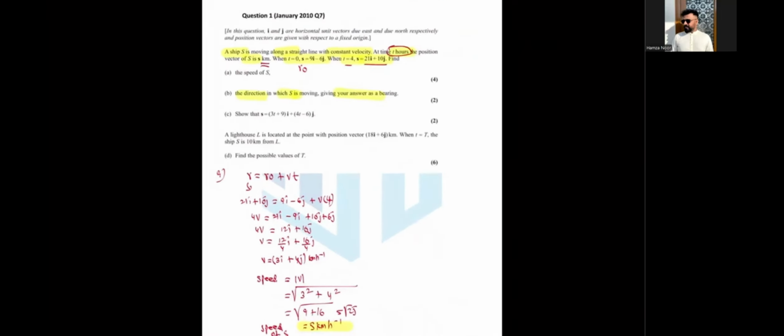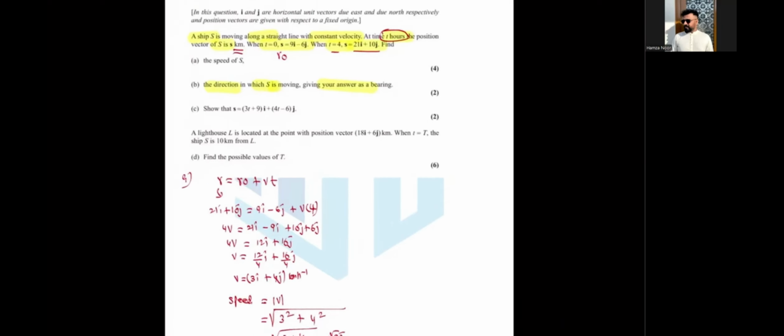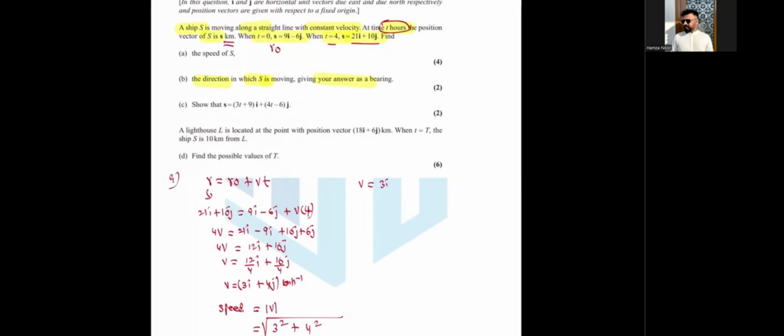Basically the velocity vector tells you the path of the motion of the object. With the velocity vector 3i plus 4j kilometers per hour, the ship S is moving horizontally 3 units towards the right and vertically 4 units up. This is basically the path of motion, the direction of motion of the ship, the velocity vector.